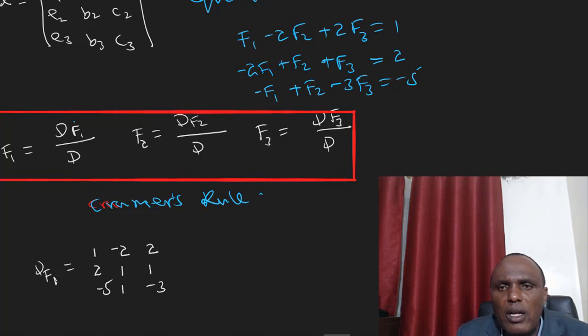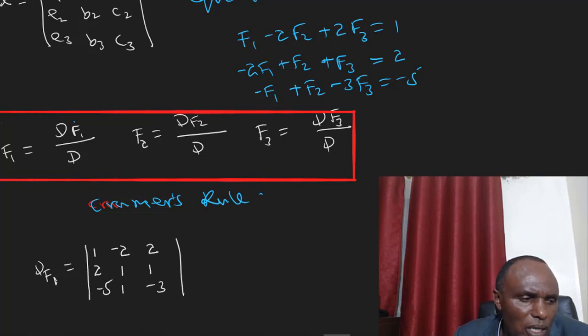We are required to get the determinant of that matrix, and when we get it, it is the one that we are referring to as df1. How do we get the determinant of this matrix?